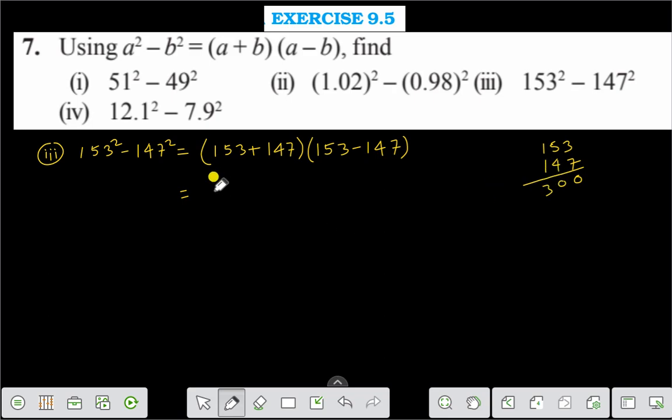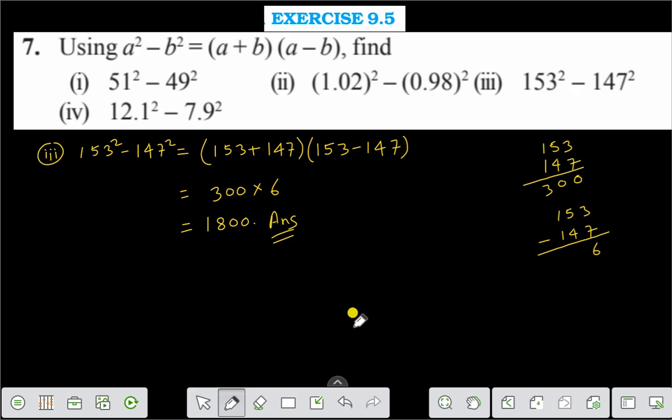We are getting 300 into, if we subtract 153 minus 147, we get 6. 6 into 300 is 1800. That is the answer of question number 3.